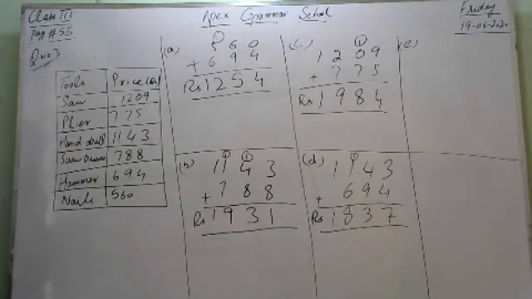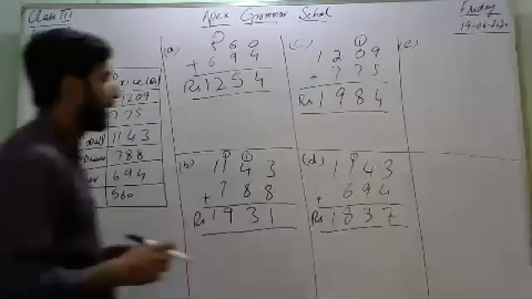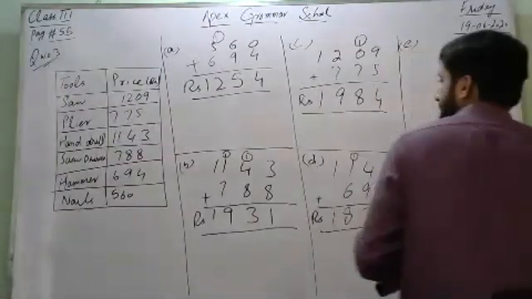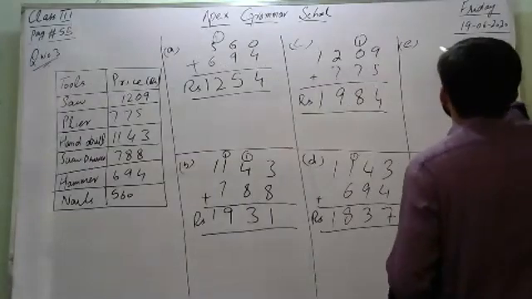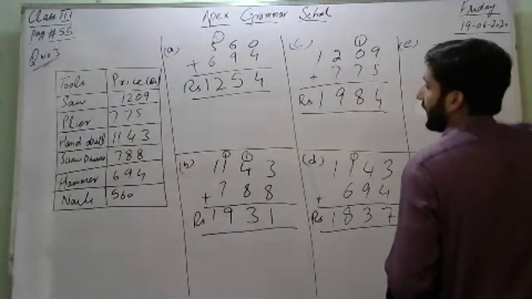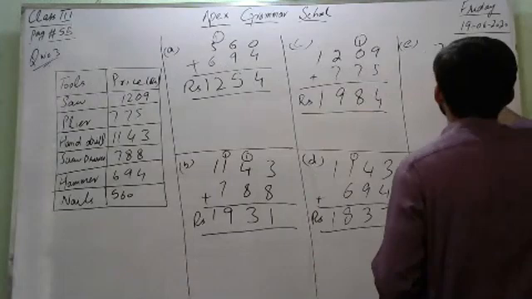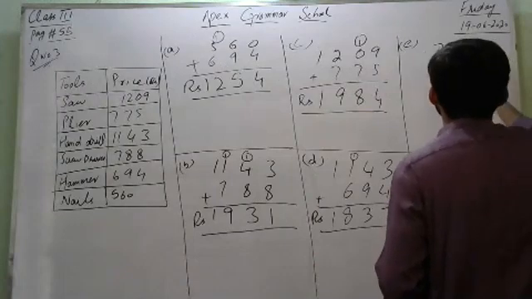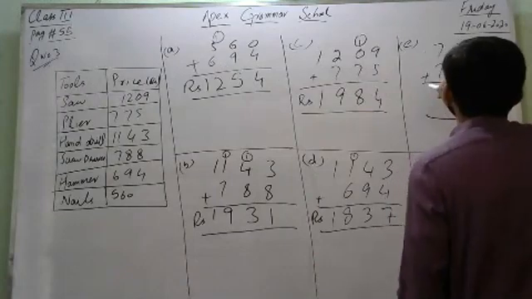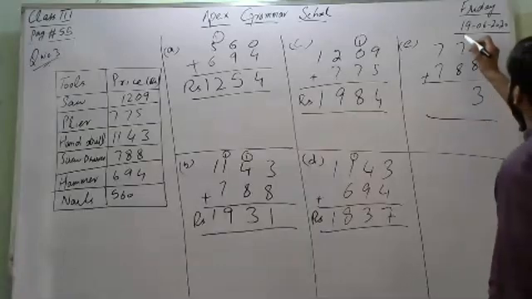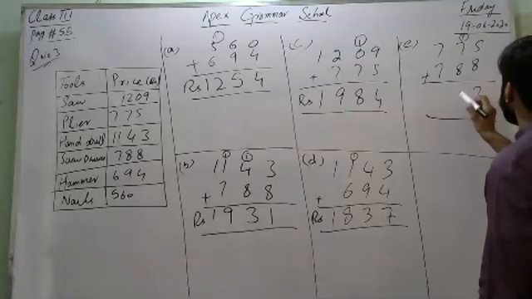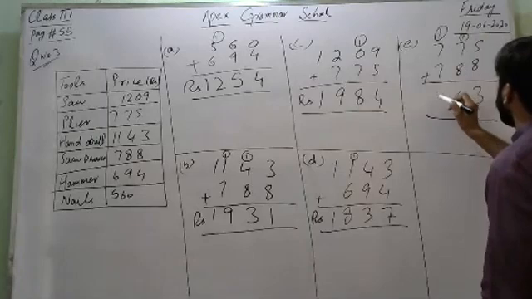In E part, we have to find the price of screwdriver and plier. Plier price is 775 and screwdriver is 788. 8 plus 5, 13, 1 carry, 8 and 8, 16, 1 carry, 7, 7, 14 and 1, 15.